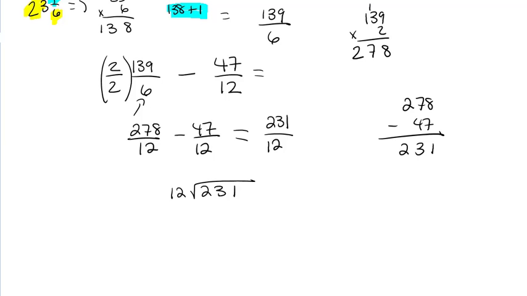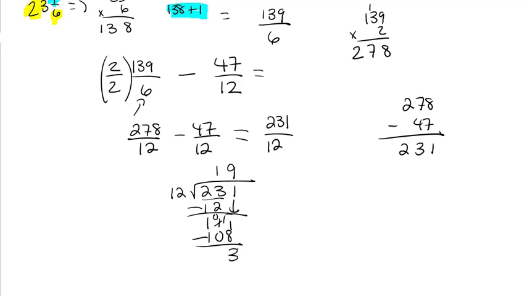So 12 can go into 23 one time. We'll subtract. 3 minus 2 is 1. 2 minus 1 is 1. Now, 12 can go into 111 9 times, because 12 times 9 is 108. And then we're going to subtract. We need to borrow, so we're left with 3.